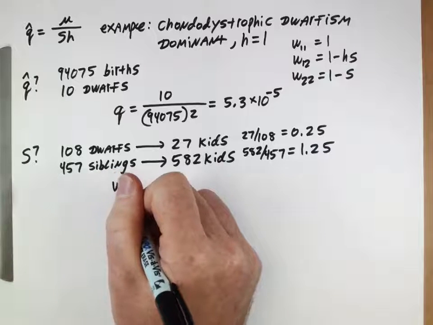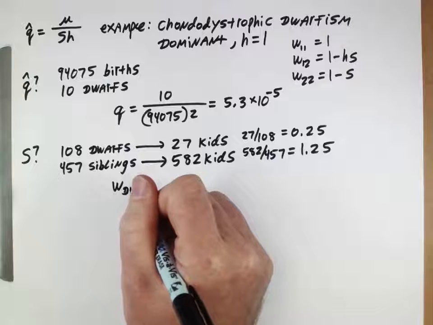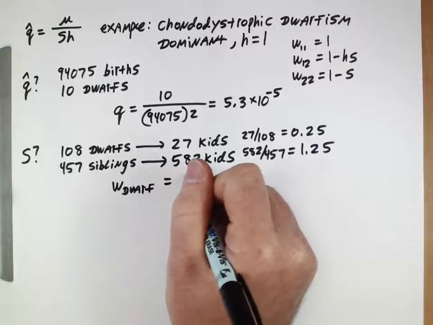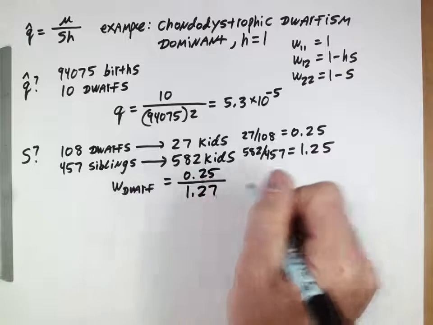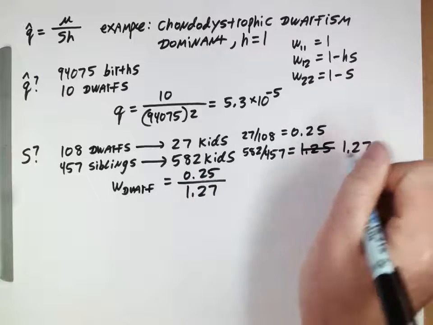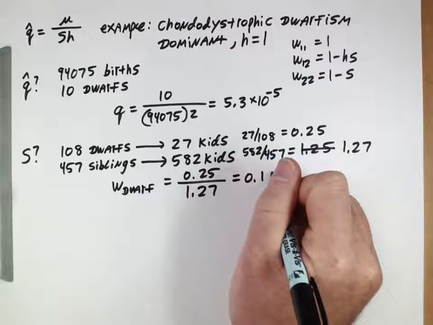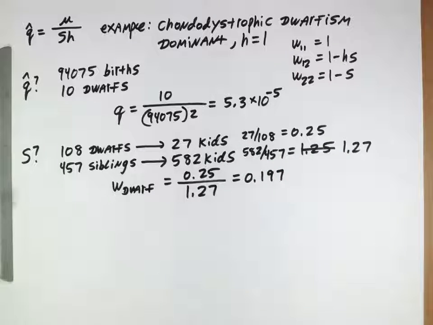When I use the full numbers, the fitness of a dwarf individual relative to their unaffected siblings, or their siblings that don't have the dwarfism allele, is 0.197, so about 20%. So this is a real deleterious allele, right? Individuals with this allele have 20% the offspring of their close relatives that don't have that allele.